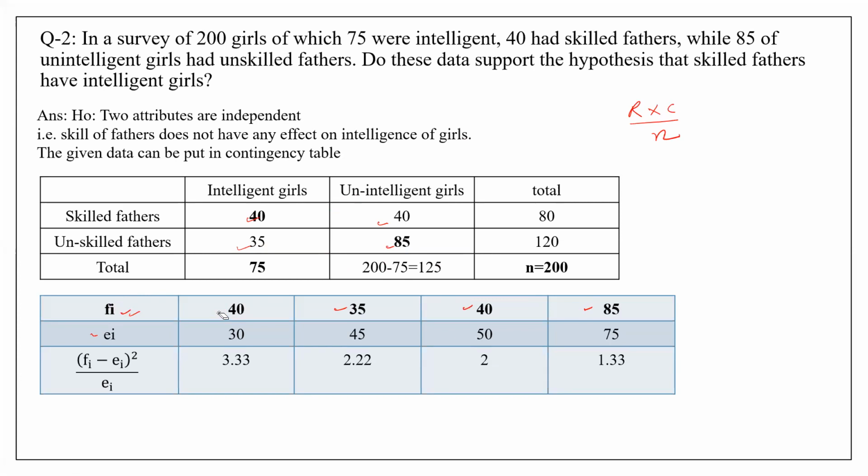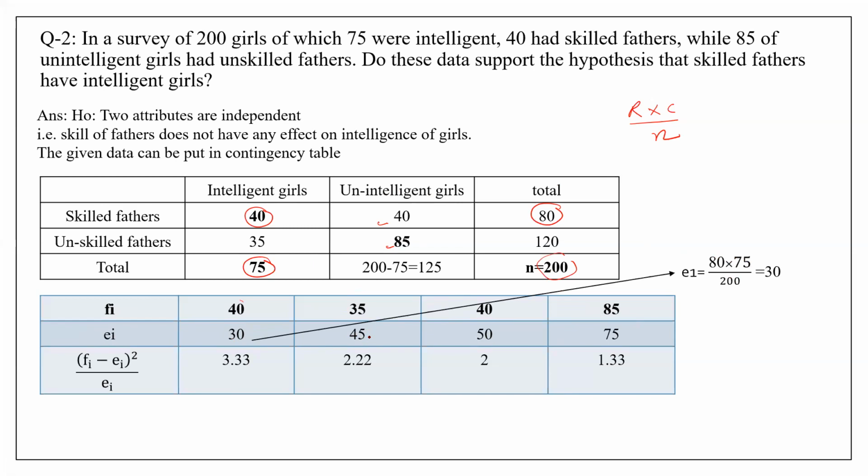If you want to find the value where the observed frequency is 40, the corresponding row total is 80 multiplied with 75 divided by 200, you will get 30. Like that I have calculated all the expected frequencies.